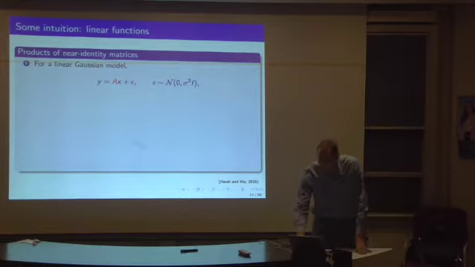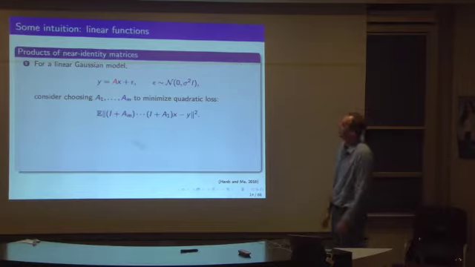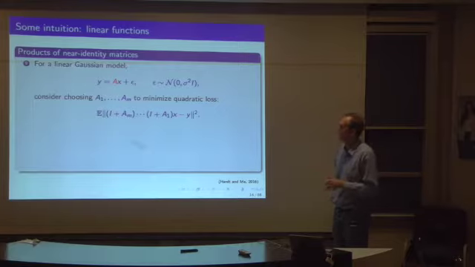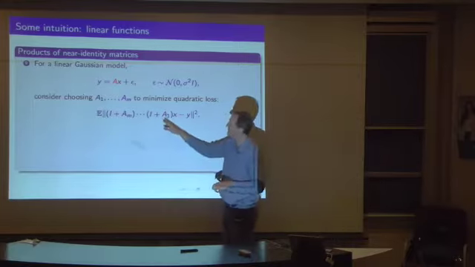Okay, so under this model, suppose we represent the linear map that we want as a composition of m linear maps, and we parameterize them as identity plus something.